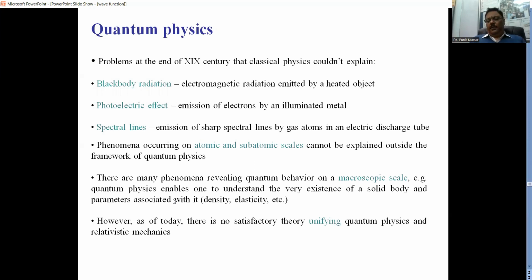Up to the end of the 19th century, classical physics was not able to explain the black body radiation, the photoelectric effect, the Compton effect, and the spectral lines of the hydrogen atom. Some other phenomena occurring on the atomic and subatomic scales could not be explained through classical physics, and they can only be dealt with in the framework of quantum physics.